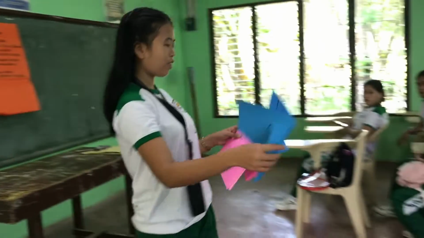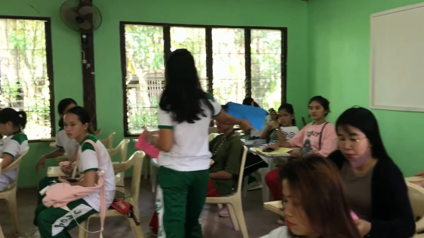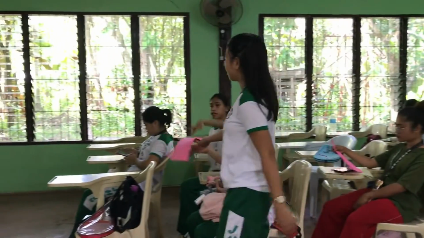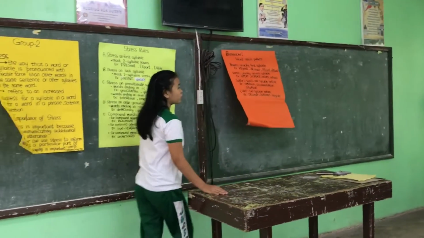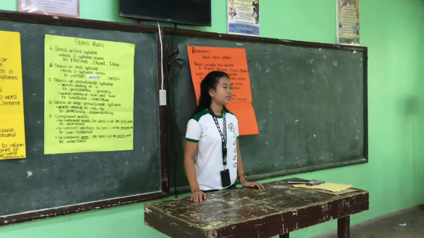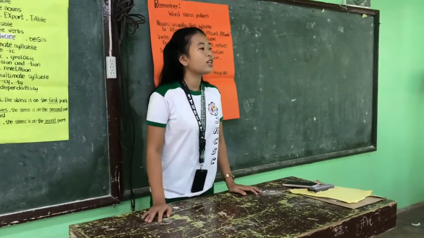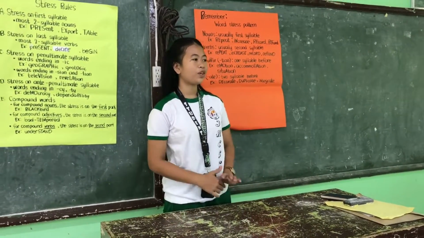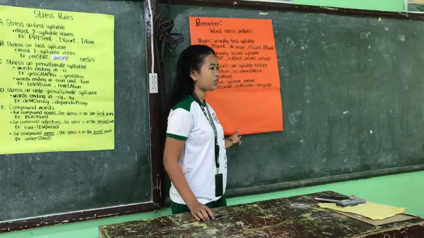Here are group 1, group 2, group 3, group 4, and group 5. I will give you 2 minutes to read carefully and answer the sentences on that paper. After that, you are going to post it here on the board, so we can check your answers.